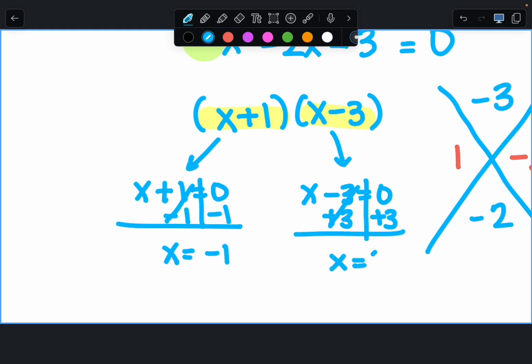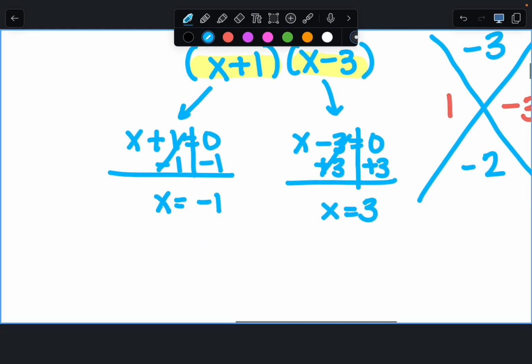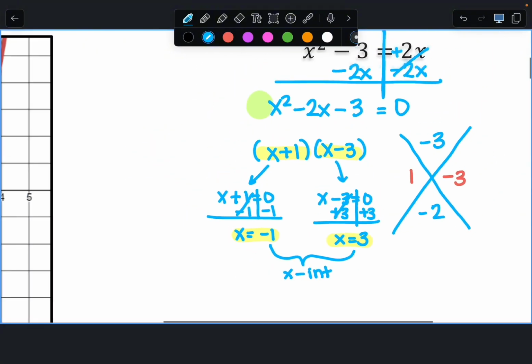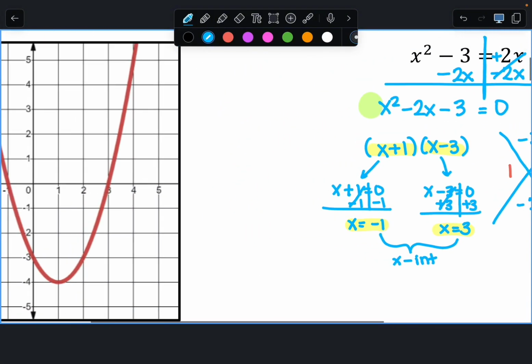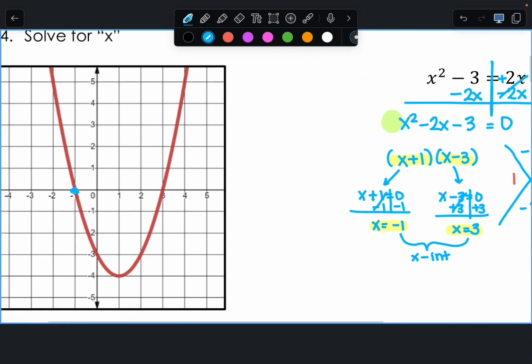Both of these numbers represent points on the graph. What points on the graph do they represent? They represent the x-intercept. So solving, or taking that additional step after factoring and solving the equation, what you're looking for is your roots, your zeros, your x-intercepts. -1, 0. 3, 0.